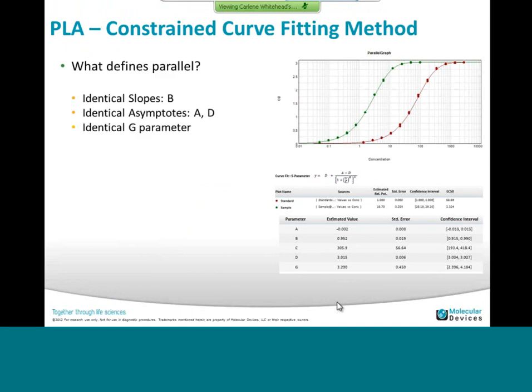Depending on which curve fit model you choose, it will be slightly different, but all the parameters will be identical except parameter C. For the 4P and the 5P parameter curve fit, you will have identical slope, identical asymptotes A and D, and identical G. However, parameter C will be the only variable, as you can see here.